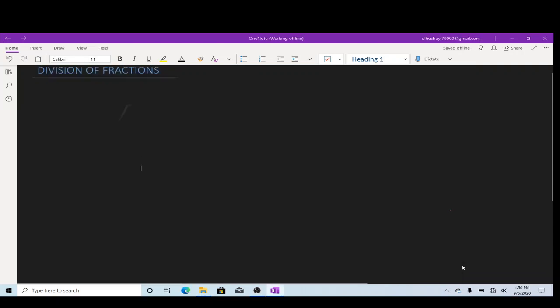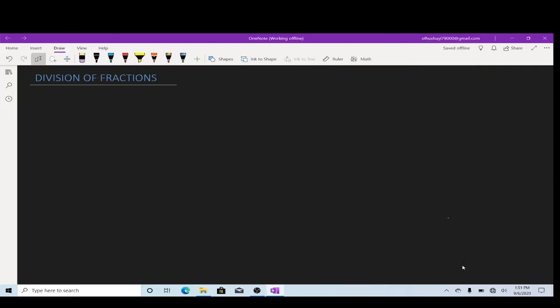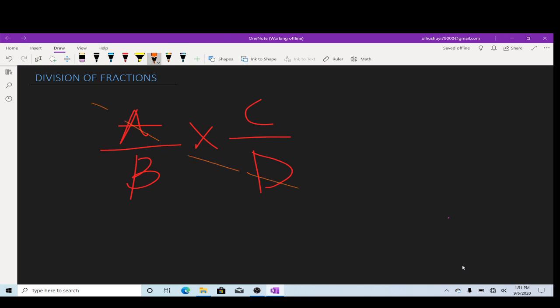If you have fractions a upon b being multiplied by c upon d, how do you go? I said the way it is done is you go diagonally. That's how you cut them out.